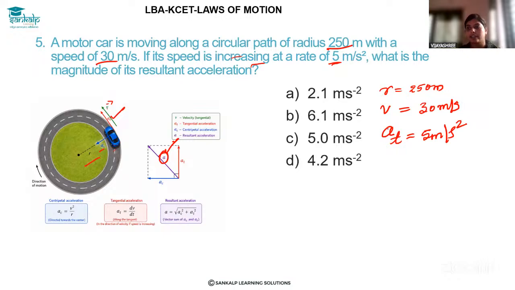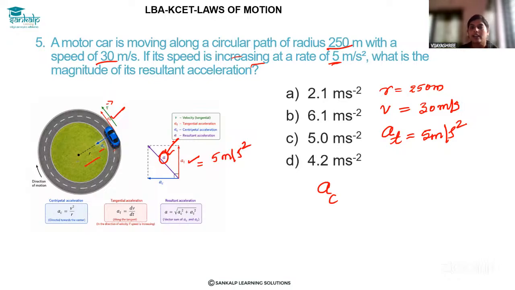So we need to identify the resultant acceleration, right? Centripetal acceleration we do not know. To get resultant acceleration A, we know AT, which is equal to 5 meter per second square. We do not know AC. Centripetal acceleration acts inwards, along the radius, towards the center.